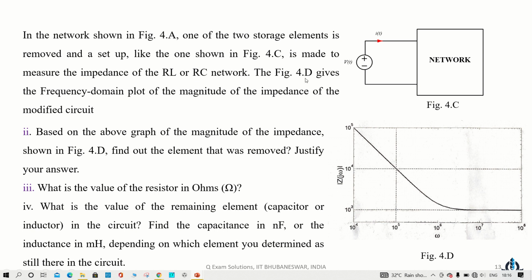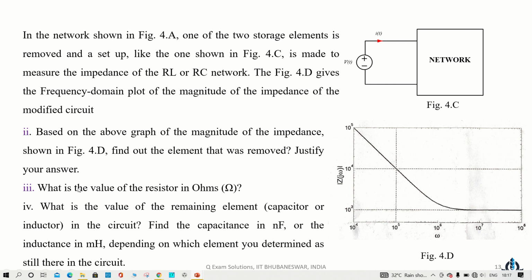The figure 4D gives the frequency domain plot of the magnitude of the impedance of the modified circuit. So here it is asking this graph is for which element and which element is removed. You can find this is a low pass filter, so L is removed.